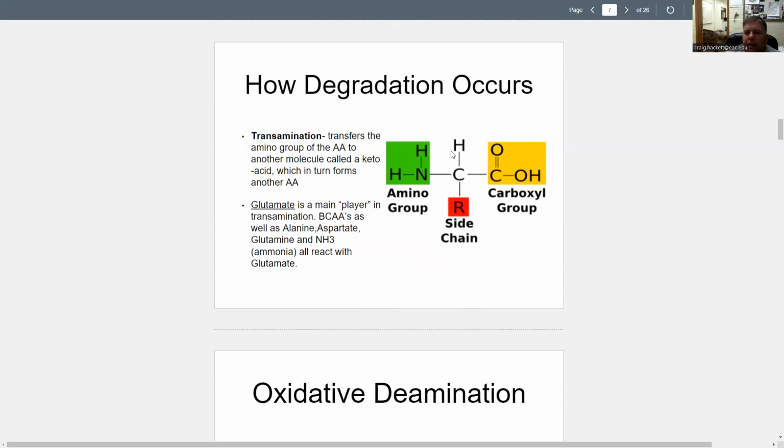Our body does not like to have free hydrogen in it. Hydrogen binds to just about anything. So in order to bind that hydrogen, glutamate helps make this amino group, and harvests that other hydrogen and makes NH3, which is ammonia. And ammonia is toxic to our body. So it then binds with another molecule we'll look at in a second, and is taken up into our urine, or our sweat. So we can get rid of ammonia either through sweating it out or urinating it out, which is really nice. It's a really nice process.